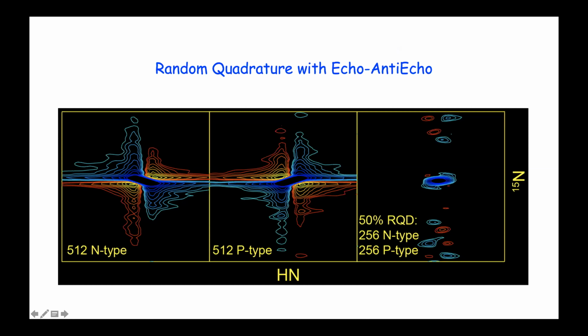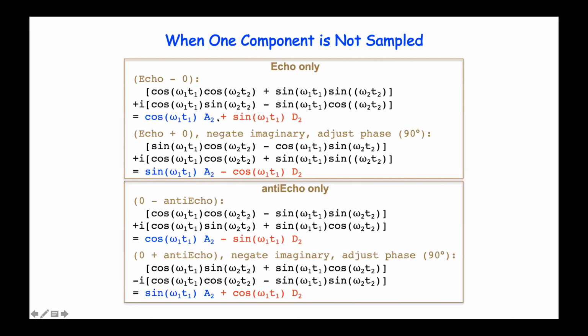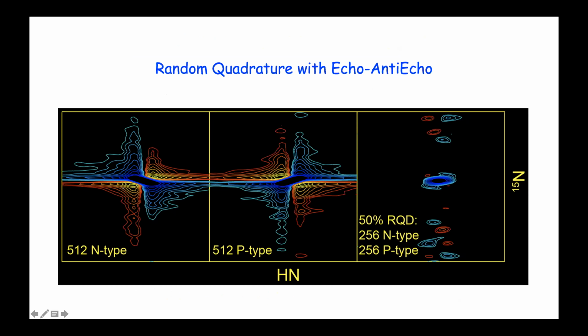Notice that the sign is inverted, because in the previous slides the sign is inverted, okay? And if you add them together, the sign in the middle doesn't change, you see? All the flipped signs cancel and you get a good spectrum, okay? That's corresponding to the complete sample.